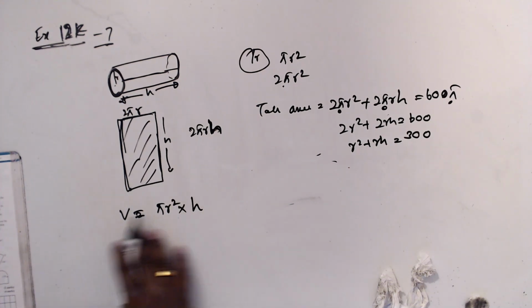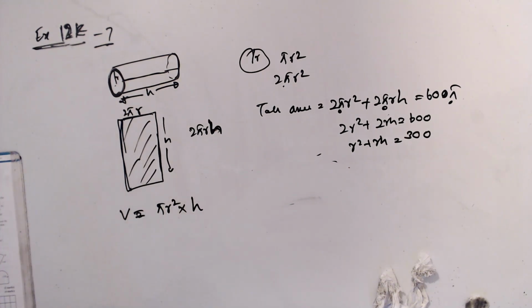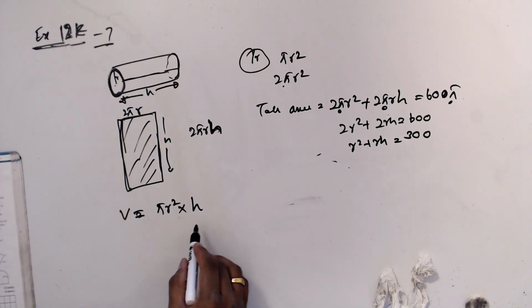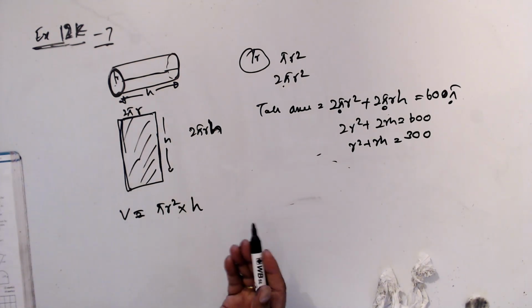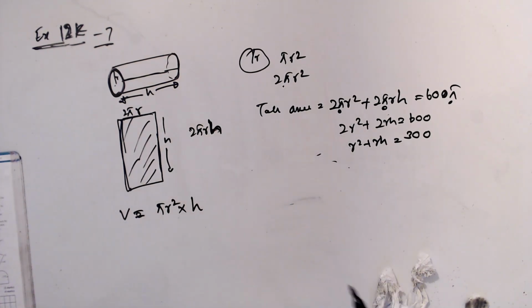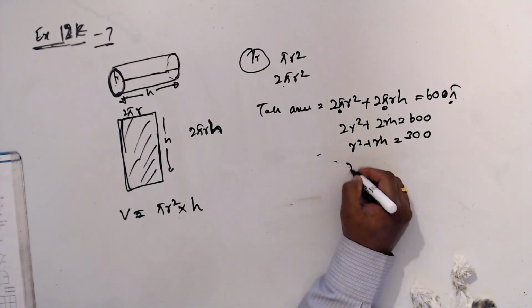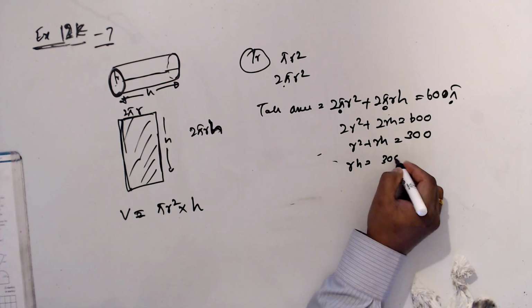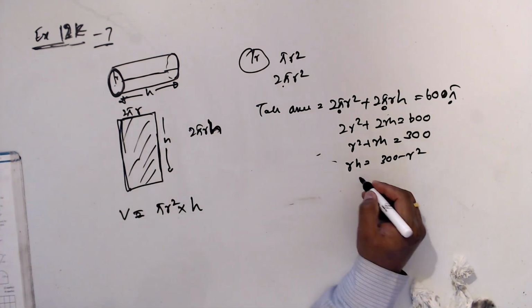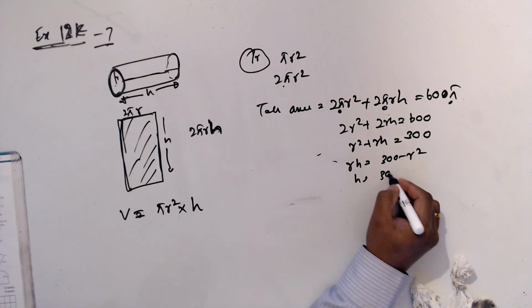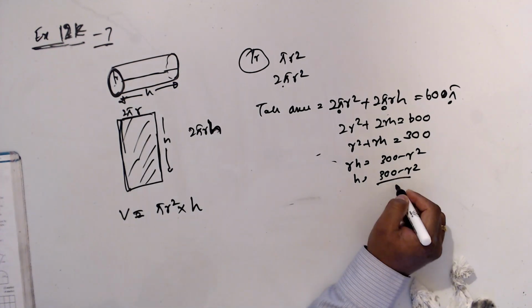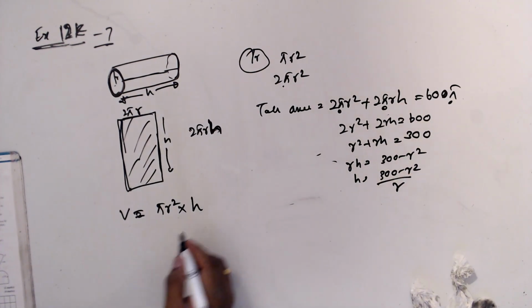So I write the equation, then I think what to do now. Basically, in the given equation, I can't see h. So I want to get rid of h. Now I find the equation for h and simply substitute. rh equals 300 minus r squared, then h equals 300 minus r squared over r. So I'll substitute here.